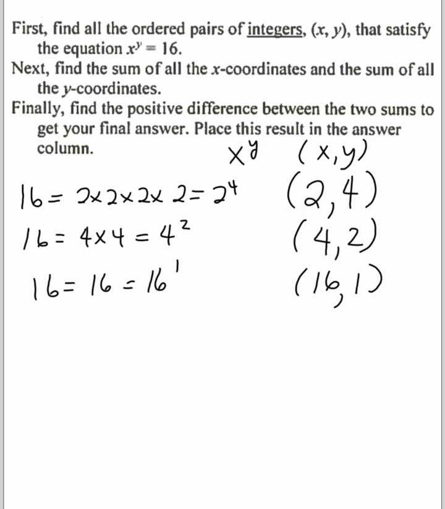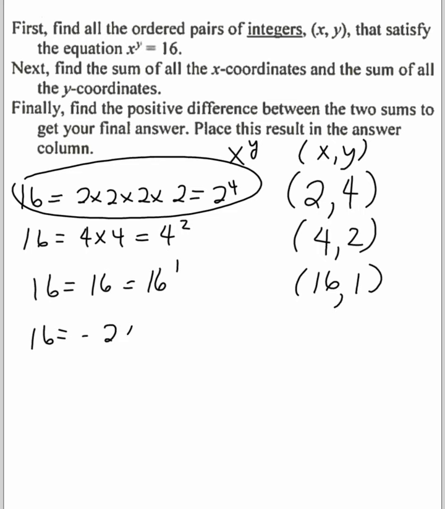This is where it gets a little bit tricky, probably both for grade 7s and for grade 8s. You have to consider that if this one worked for positive numbers, could it also work for negative numbers? And in fact, negative 2 times negative 2 times negative 2 times negative 2 also gives you 16.